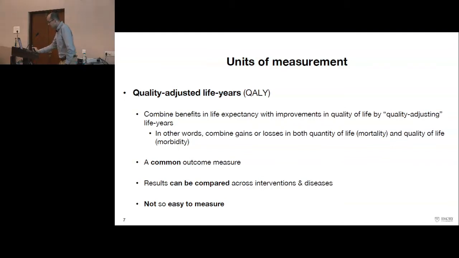So the QALY combines benefits in life expectancy with improvements in quality of life by quality adjusting life years. So it combines gains and losses in both quantity of life, that's the mortality or survival, and quality, morbidity, sorry. The huge advantage of a QALY is that it can be a common metric for many conditions.